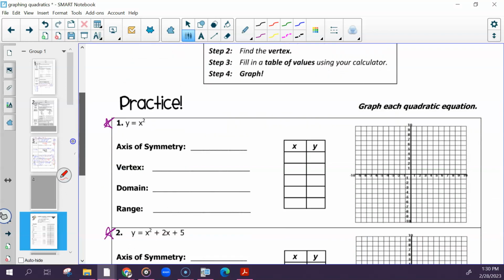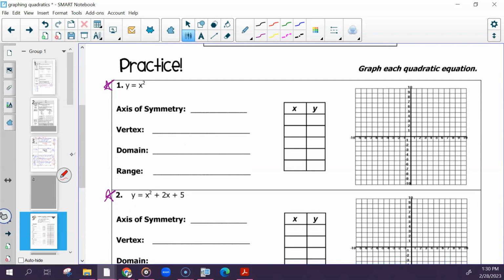Okay, so with this first one, still find your axis of symmetry like normal. What's your B value? 0. So your axis of symmetry is going to be what? 0. X equals 0. If I put that into our vertex, what would our y be? 0.